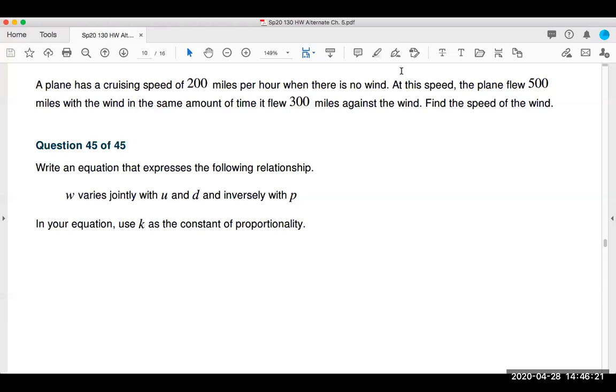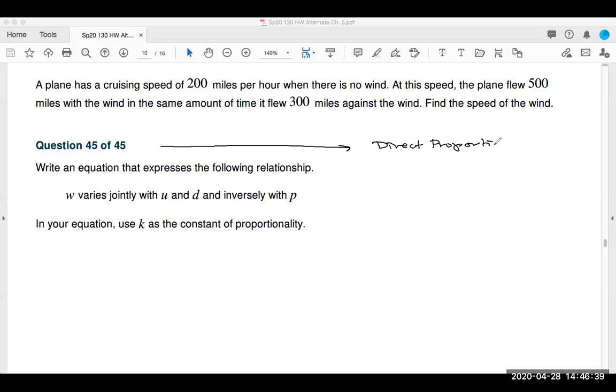So for this part, this is basically being inversely or directly proportional.